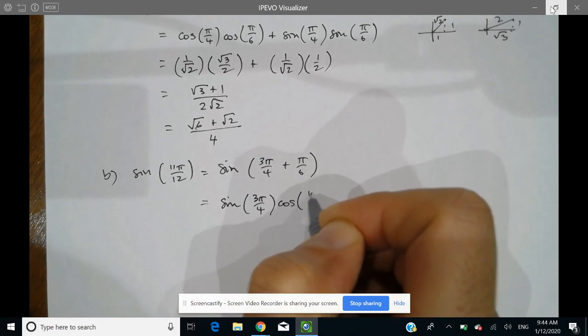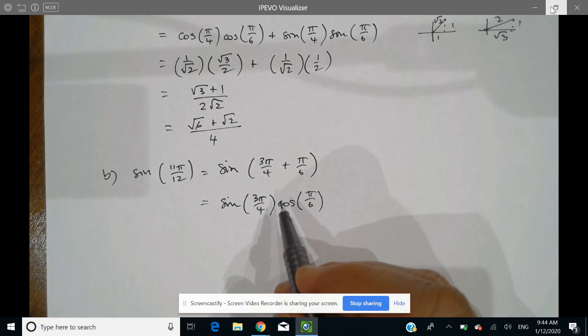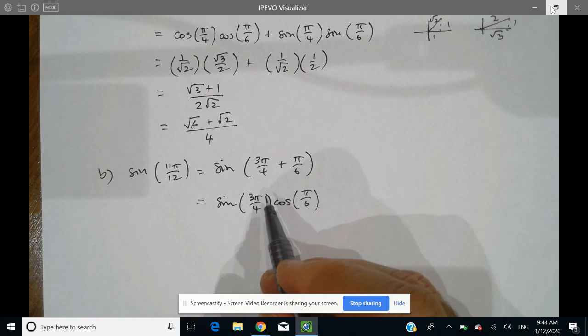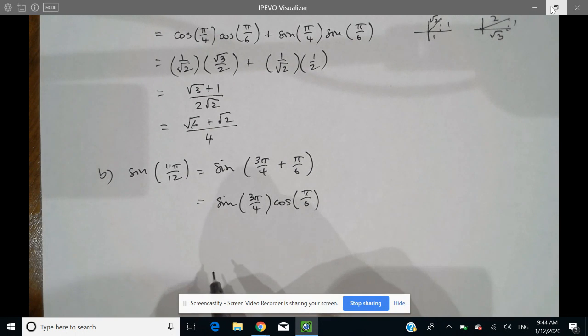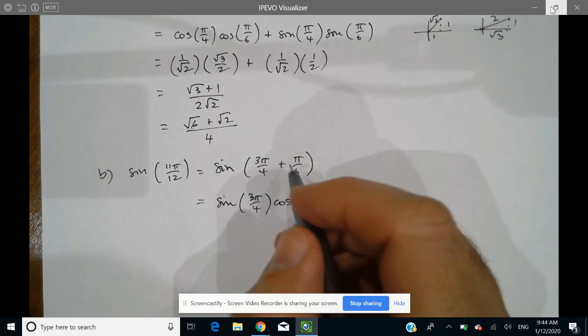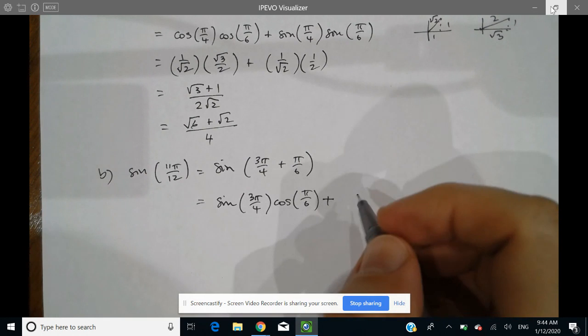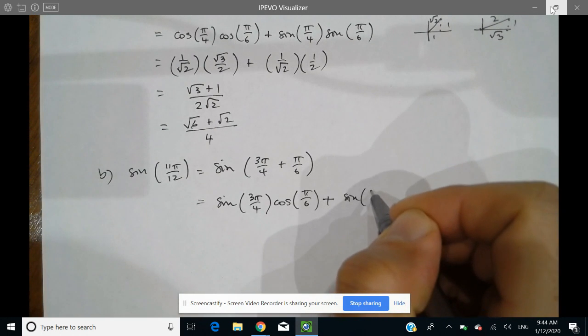Now notice how I talk about that formula. I don't talk about angles A and B. I try to think about the order. For sine, those two formulas, whether addition or subtraction, keep the same operation. So plus, and now it's going to be sine of the second times cos of the first.